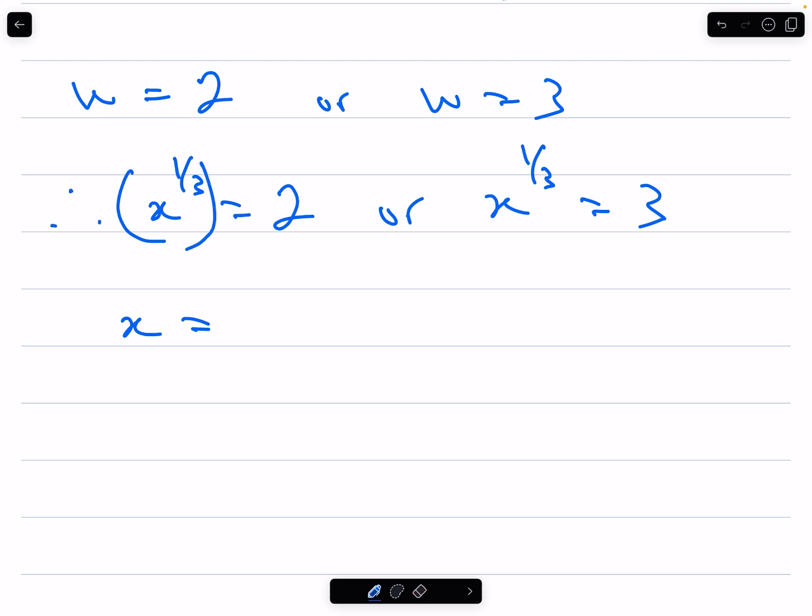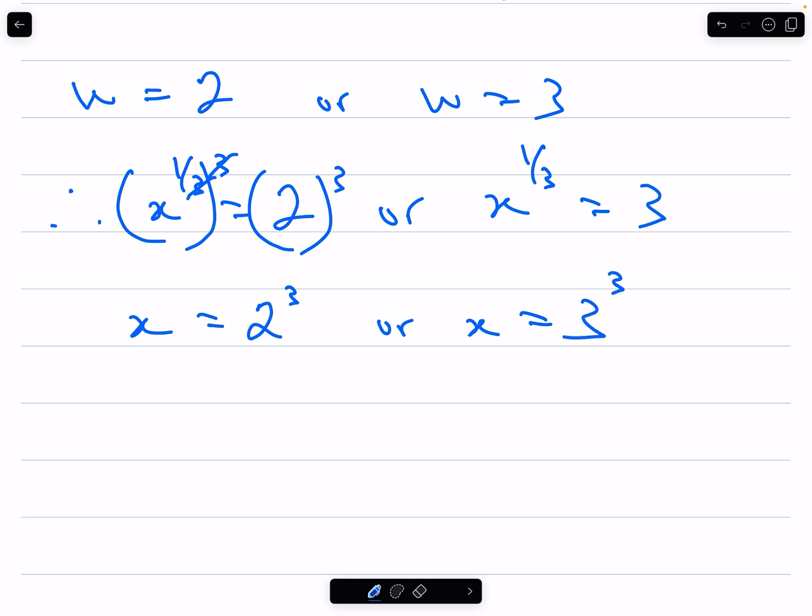Although, no mistakes, please. If you raise both sides to the power of 3, of course, 1 over 3 times 3, then you have x raised to power 1 over 3 times 3 is 1. You can see that. That's x raised to power 1 equals 2 raised to power 3, which is equal to 8. That means x equals 2 raised to power 3, or x equals 3 raised to power 3.